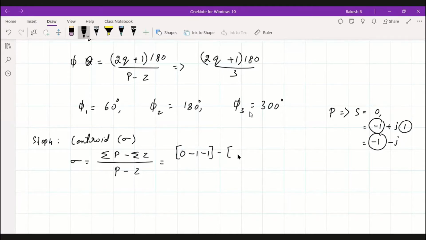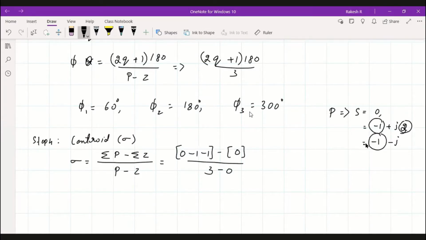Minus the summation of real parts of zeros. We don't have any zeros, so take it as 0, divided by 3 minus 0. When you have complex conjugates, you need to take only the real parts of poles or zeros. You might have 2, 3, whatever the number, you should not consider the imaginary part.